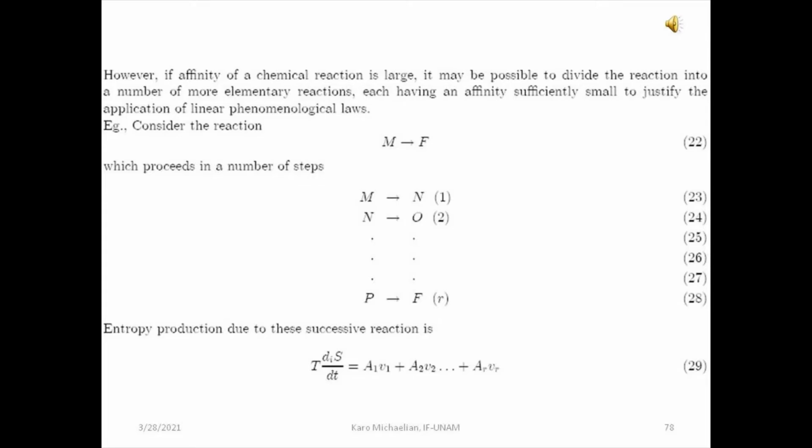So the entropy production due to these successive reactions then is just the sum of all the affinities over the temperature times the velocities, or the rates, of the reactions. This is equation 29.